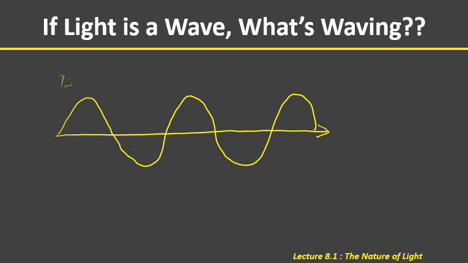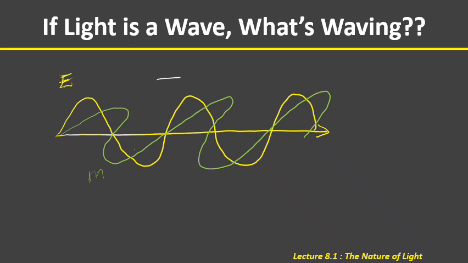Perpendicular to that oscillating electrical field is a magnetic field rotated at 90 degrees to the electrical field. And they are both simultaneously oscillating as they move through space.